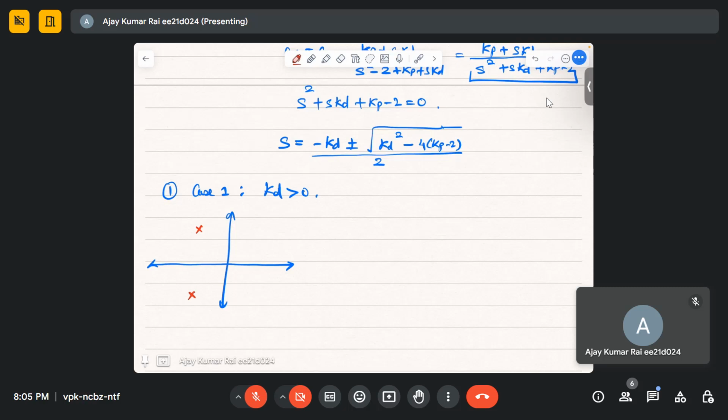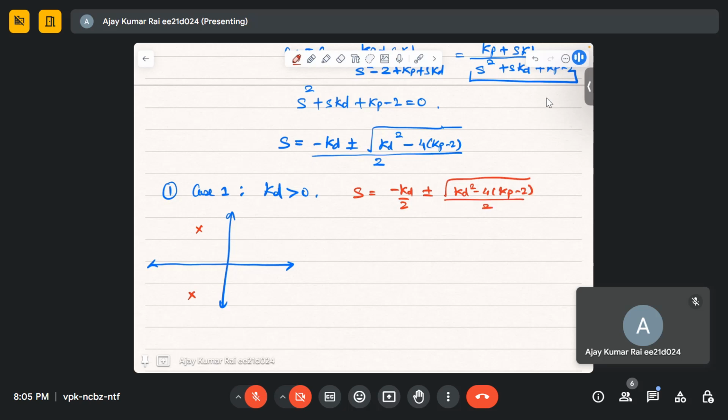The real part is negative because the real part is minus Kd by 2, and the root is minus Kd by 2 plus minus square root of Kd square minus 4 into Kp minus 2, by 2.